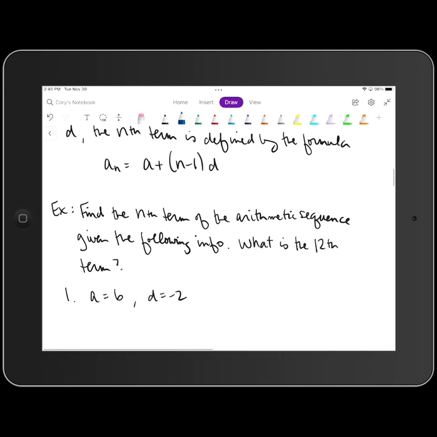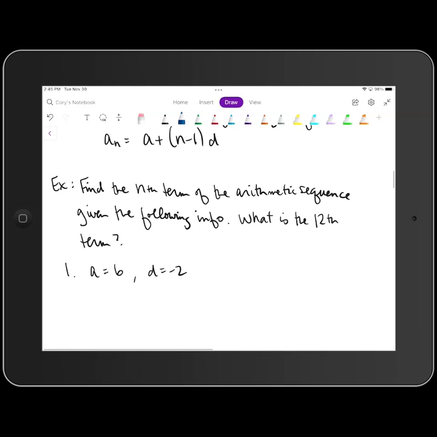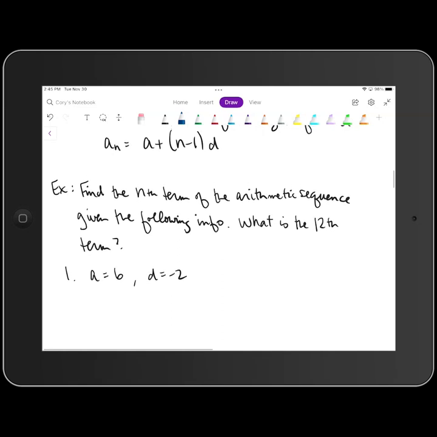Okay, so with that formula in place, we're going to do a couple of examples utilizing the formula. The directions here ask us to find the nth term of the arithmetic sequence given the following information, and then what is the 12th term. So for number 1, we are given that the first term a is 6, and that the common difference d is negative 2.